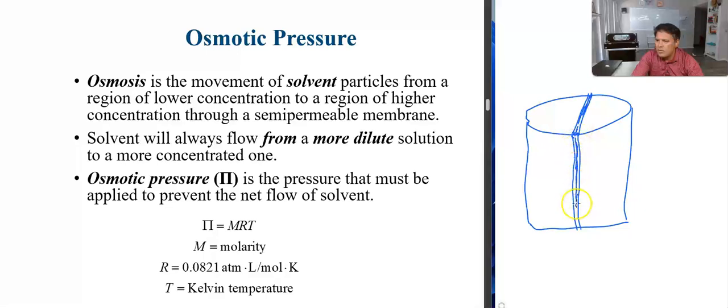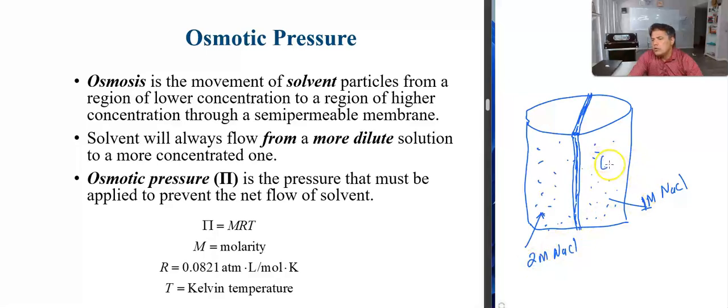This is the semi-permeable membrane, and in this compartment you have 1 m NaCl, 1 mole per liter of sodium chloride. This side has the same sodium chloride, but 2 m NaCl, molarity is 2.